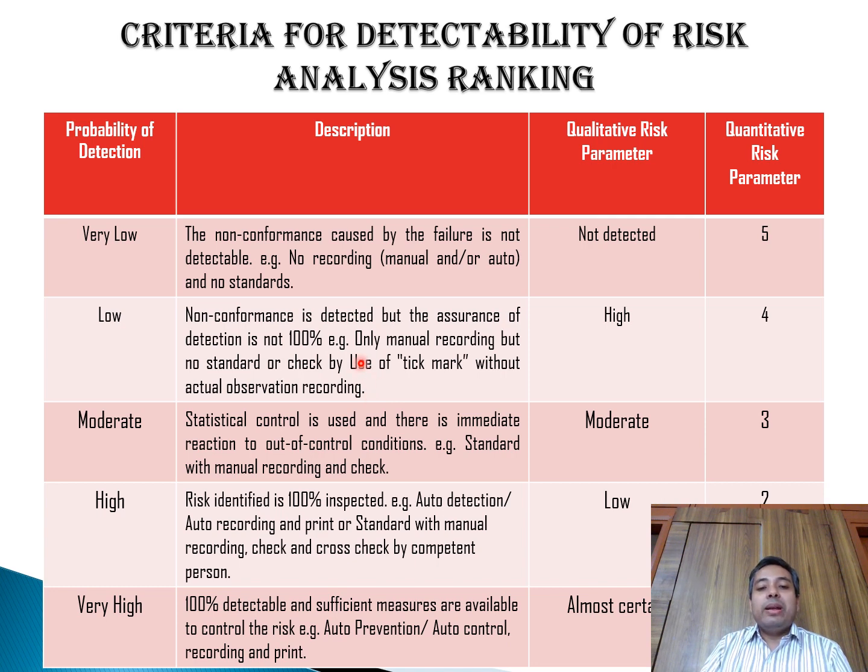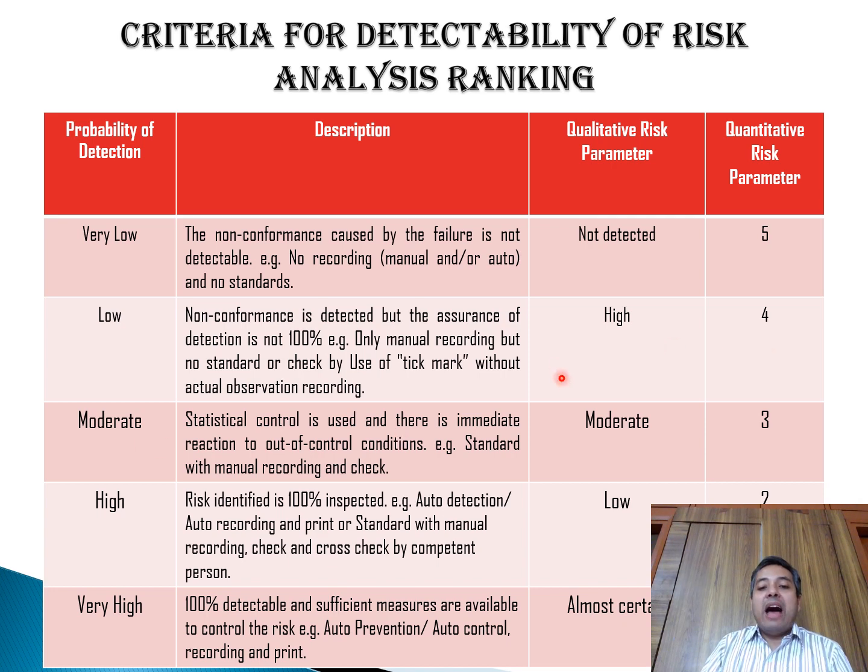It means only manual recording is available in the existing system but no standard operating procedure is available, the data which is generated is not checked, and the doer is not recording its activity. Then such a system can be categorized as high risk, and the score can be given as 4.